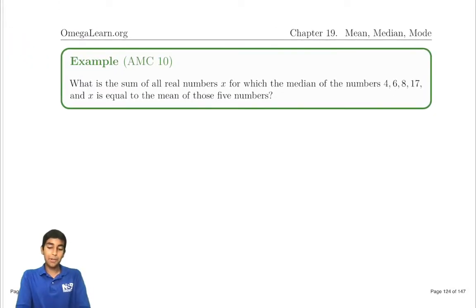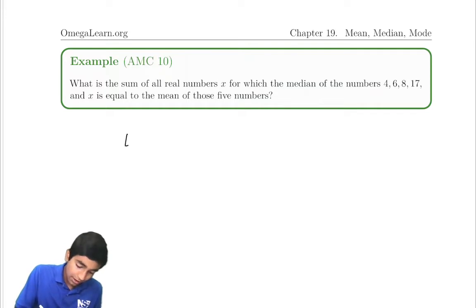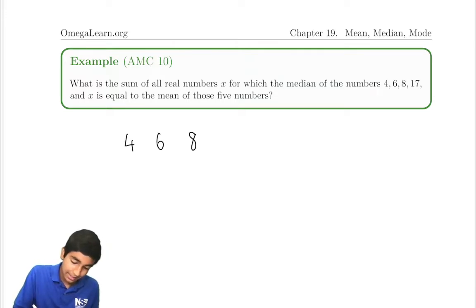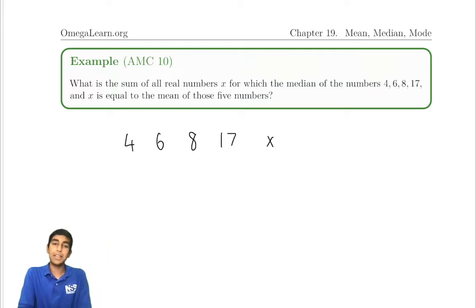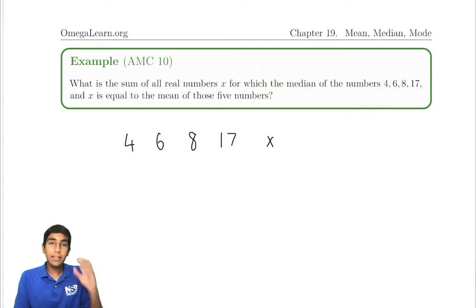Now let's take an example that uses the median. What is the sum of all the real numbers x for which the median of the numbers 4, 6, 8, 17, and x is the mean? So the key thing here is that let's calculate the mean in terms of x.